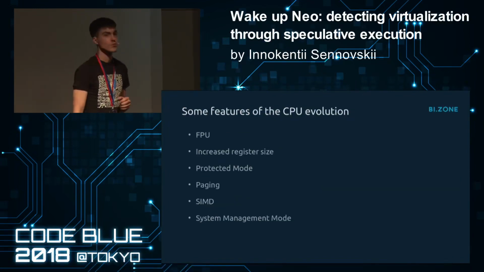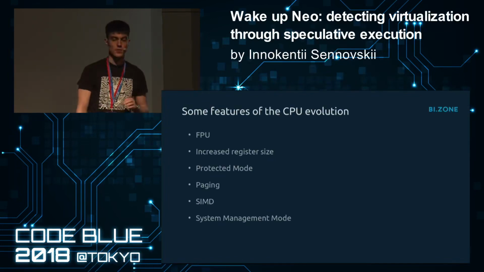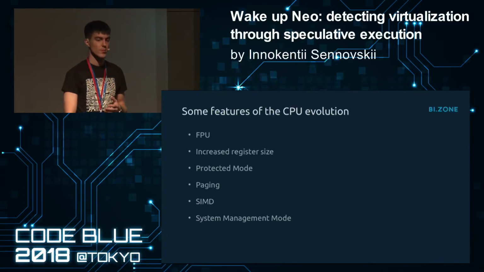Obviously, the CPUs had to evolve to be able to manage and compute modern tasks. One of the first things to come was the floating point unit, which is now omnipresent. We have an increased register size. Nowadays, regular registers are up to 64 bits. Modern CPUs also have implemented protected mode and paging, which allow for greater manipulation of memory space and allow multi-user environments to operate.